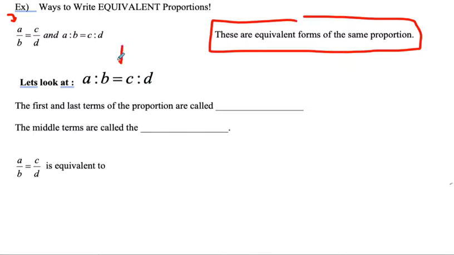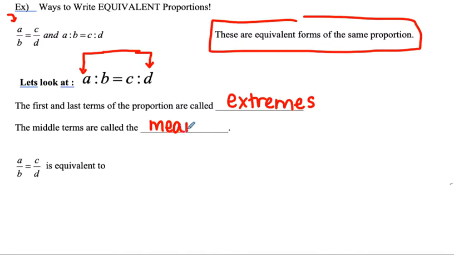Now, I want to look at this one in particular. So there are the first and last terms. So this term and this term. Those are called the extremes of the proportion. Okay? And the middle terms are called the means.